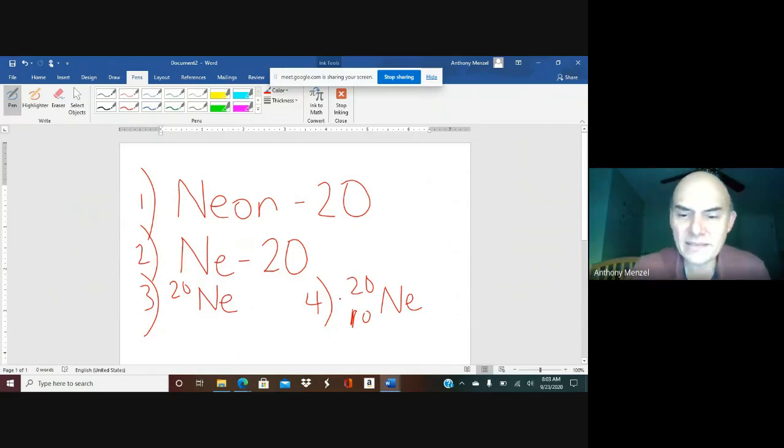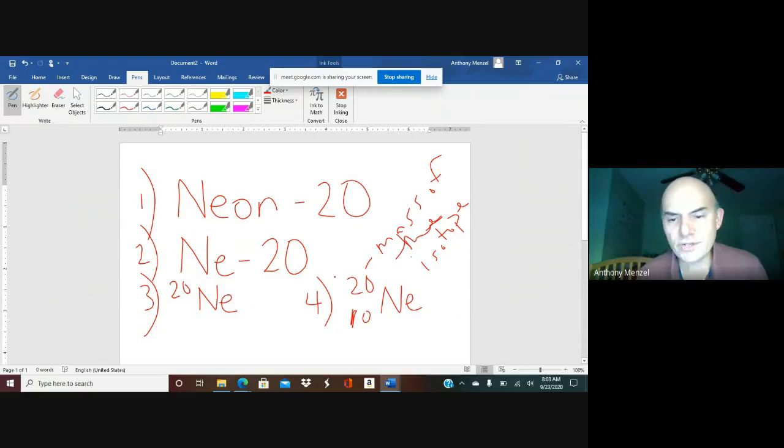Just remember, this is the mass of the isotope. And the other way to remember that is that the larger number is the mass of the isotope and the smaller number is the atomic number.